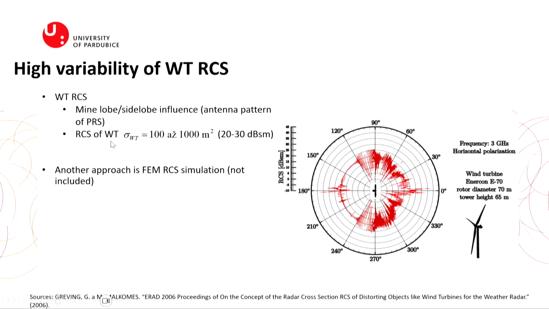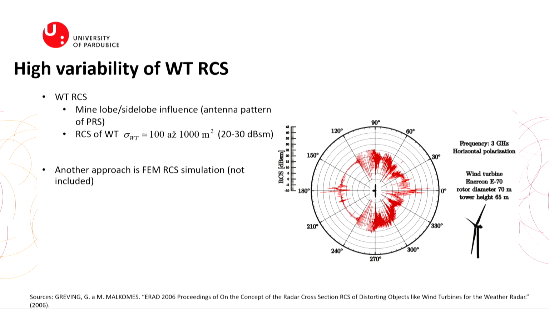What is the typical RCS of a wind turbine? It is very variable, from 100, oh sorry, up to 1000 square meters, in dB about 20 to 30 dBsm, and this value for sure masks almost any of your targets.